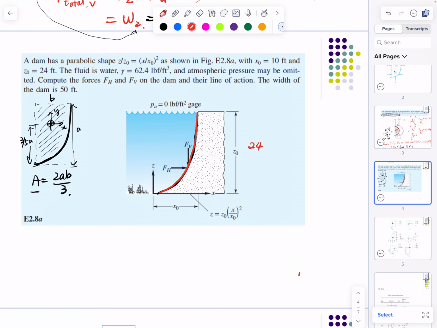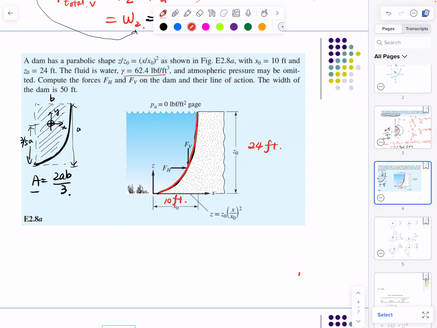So here is 24 feet, here is 10 feet. The fluid is water. It gives a gamma value, and the atmospheric pressure may be omitted, which means you don't need to consider it. Compute the forces FH and FV on the dam and their line of action. The width of the dam is 50 feet.